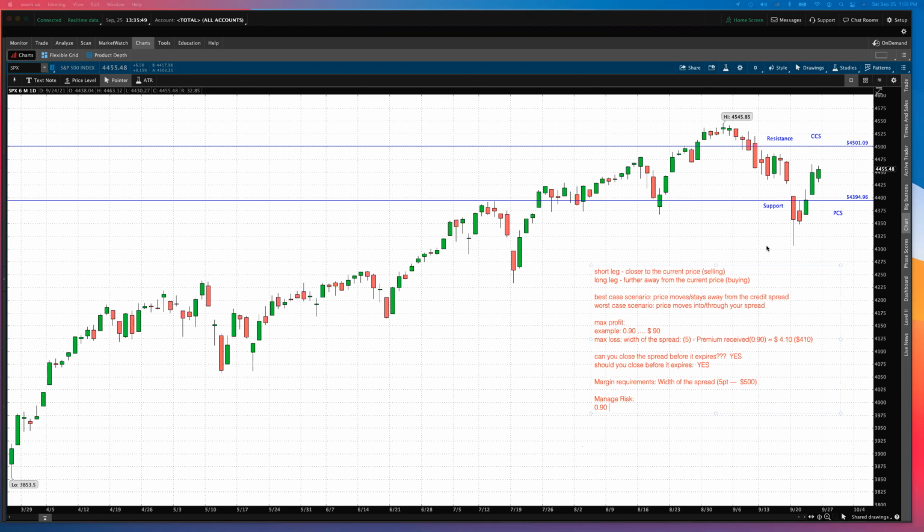My plan is that I like to have a stop loss of 1x. How much is 1x? 1x is actually $1.80. If I have a stop loss of 1x, how much will I have actually lost? 1x is 1.80, which means that I will have lost 90 cents, or $90.